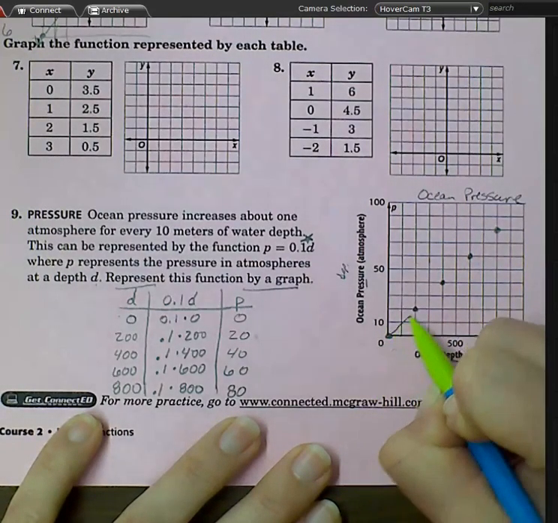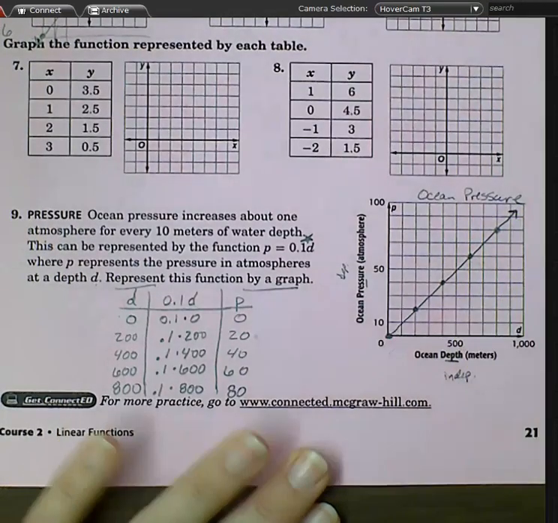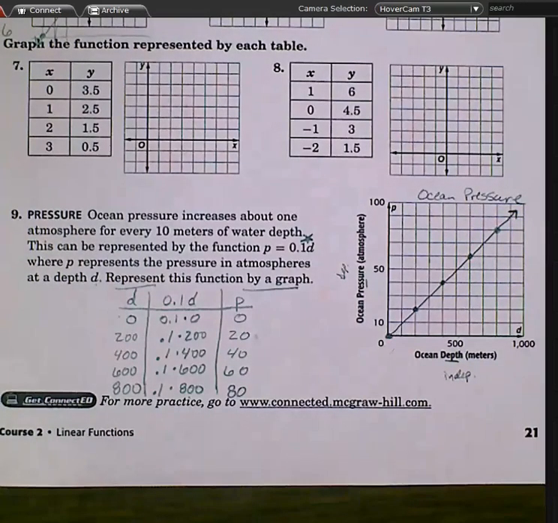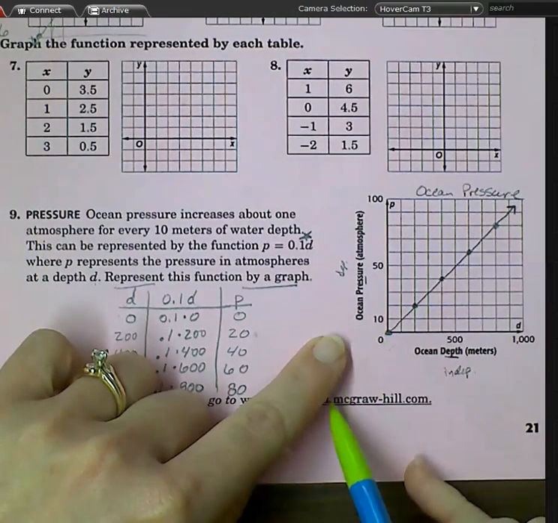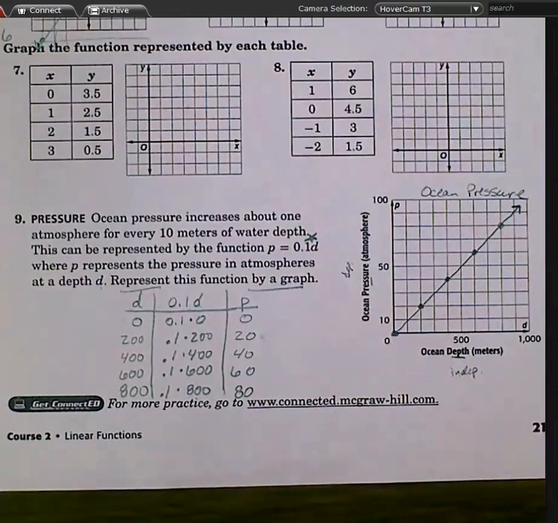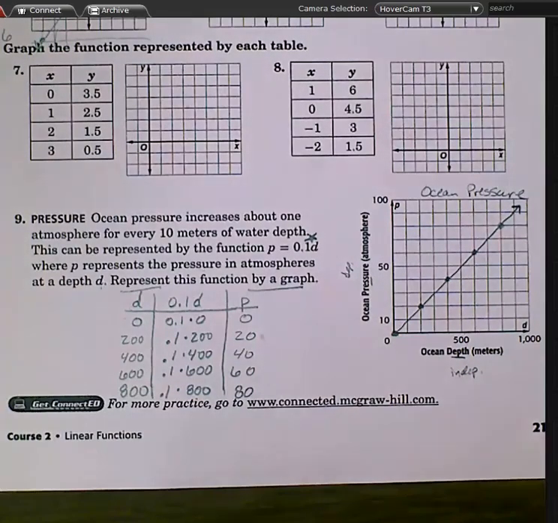So you are going to draw an arrow going up because it could go deeper than 1,000 meters, but it does not make any sense to go back here into quadrant 3 at all because I don't know what negative depth or negative pressure even means. That doesn't make sense in this situation. Okay? Questions about this part? Is this making some more sense?